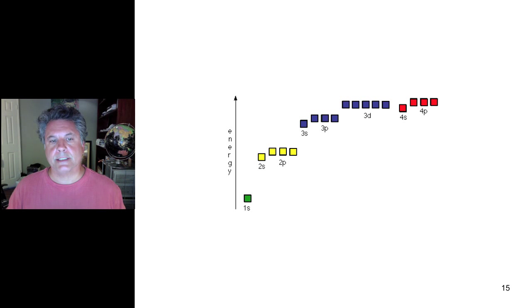Before talking about oxygen, though, I want to point something out about the energy levels and the orbitals in them in terms of their energy. You'll note when we get to the second energy level, and this is mostly true for higher energy levels as well, that the s orbital has slightly lower energy than any of the 3 possible p orbitals, x, y, and z.